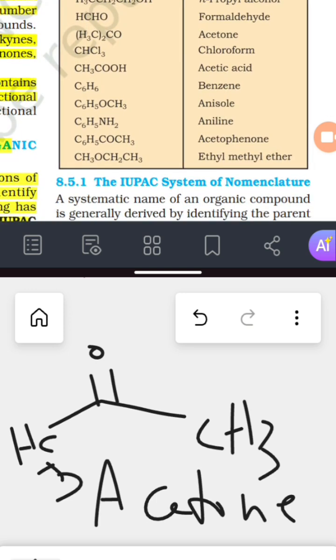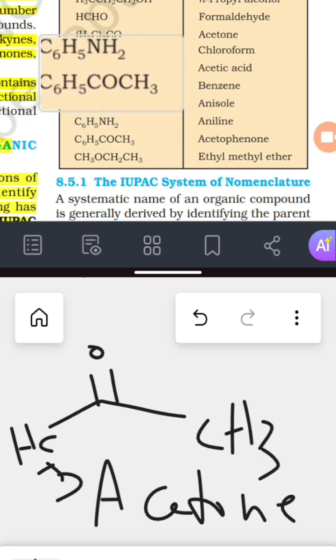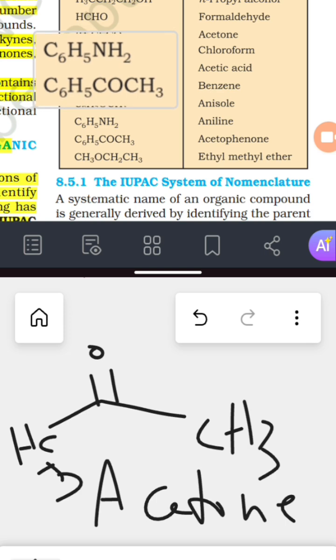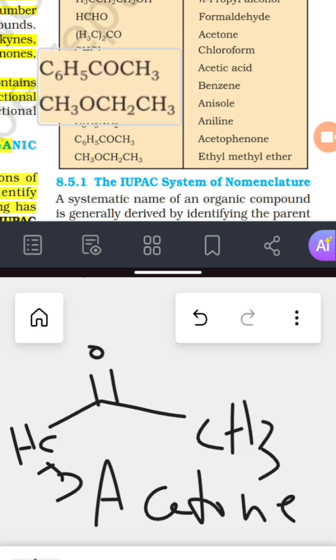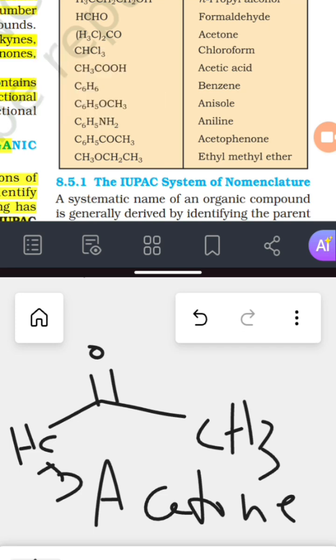Here you can see aniline, acetophenone, and ethyl methyl ether, whose IUPAC name is methoxyethane. Like that, common names are in use, and we can also write IUPAC names for them.